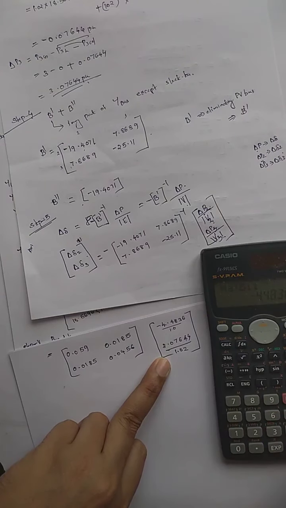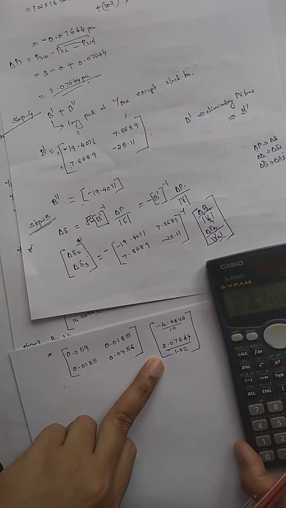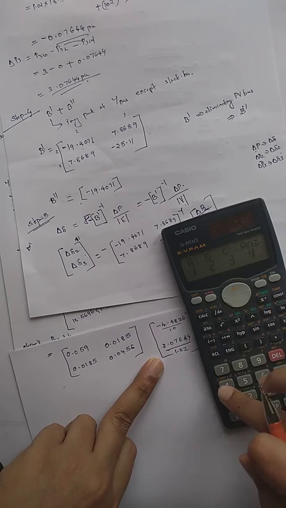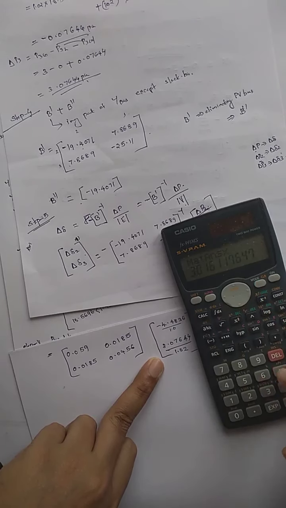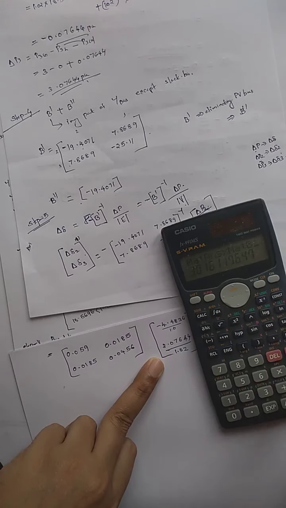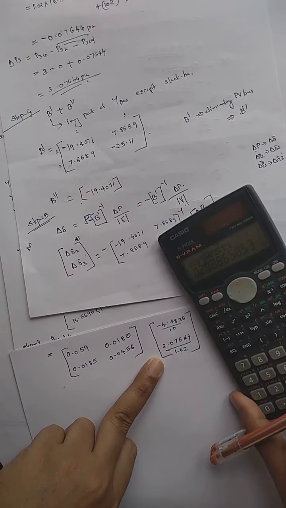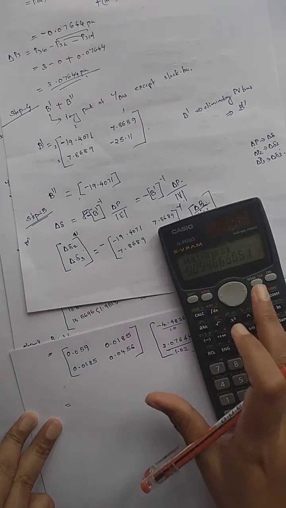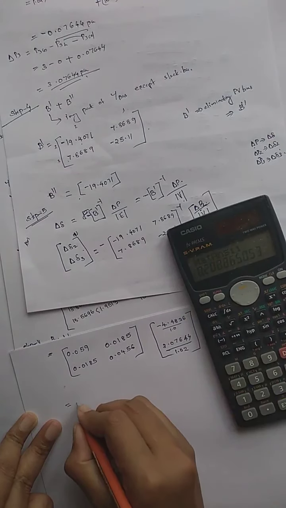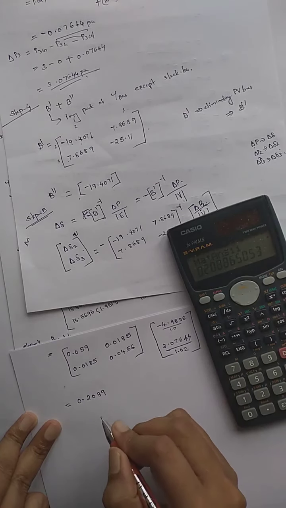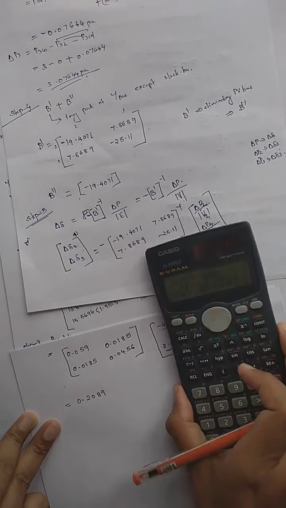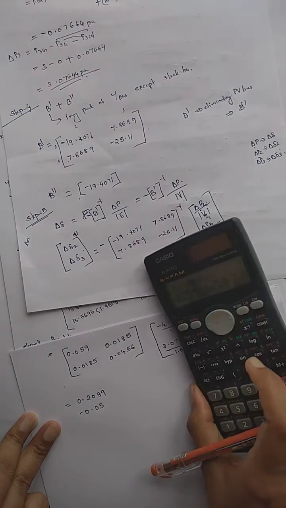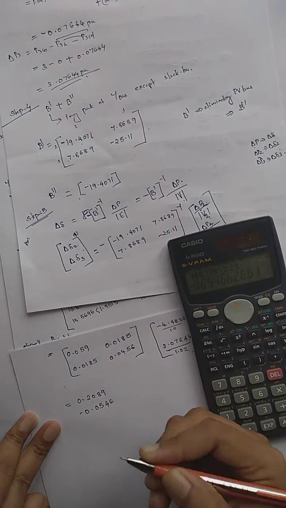Having got those values, I multiply it with the 2 by 2 inverse matrix. The values will be 0.02886 and minus 0.054, and I am writing the values as 0.20886 and minus 0.05546.